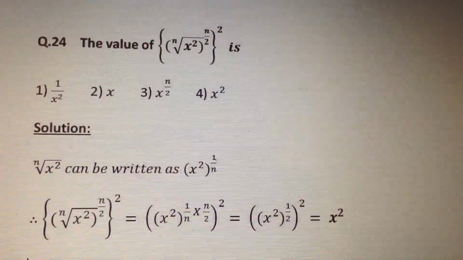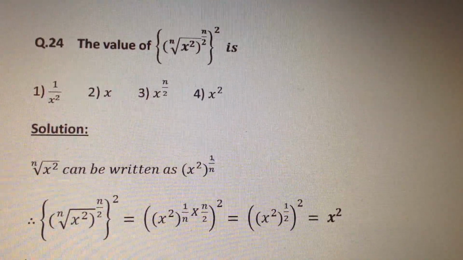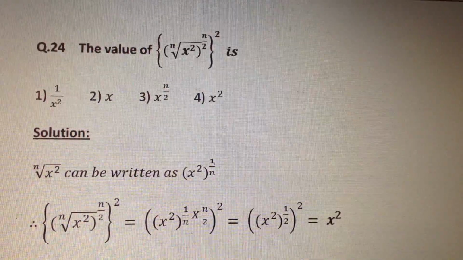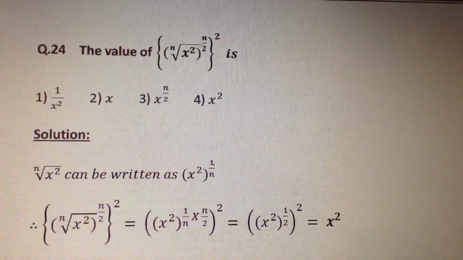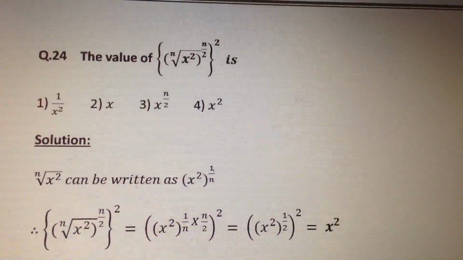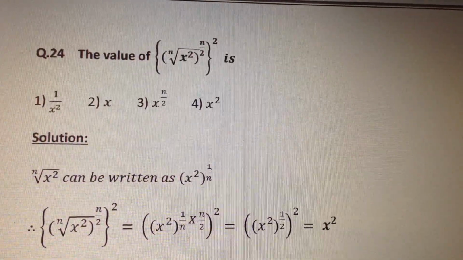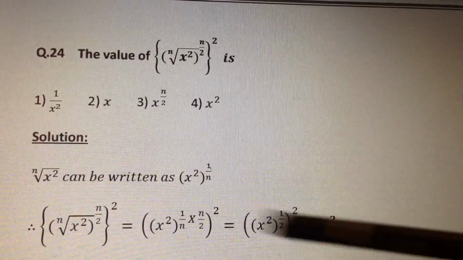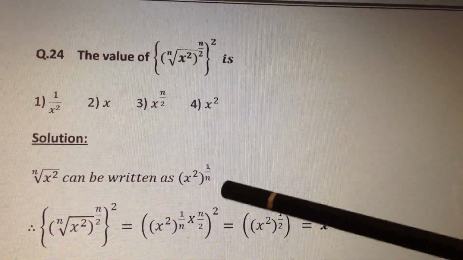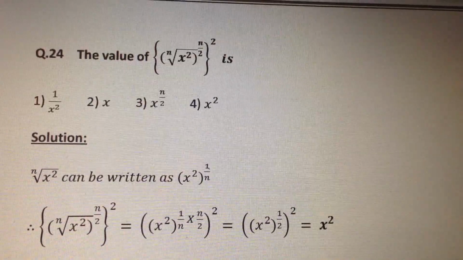Next question. What is the value of nth root of x square to the power n by 2 whole square? We know that nth root of x can be written as x power 1 by n. Similarly, nth root of x square can be written as x square to the power of 1 by n.